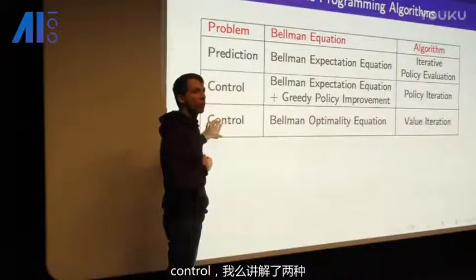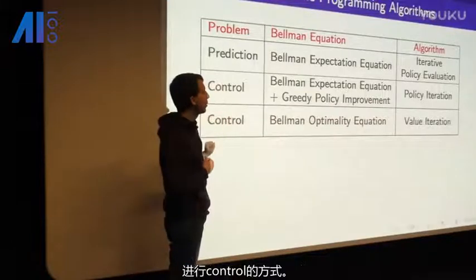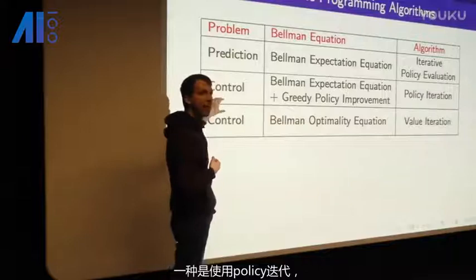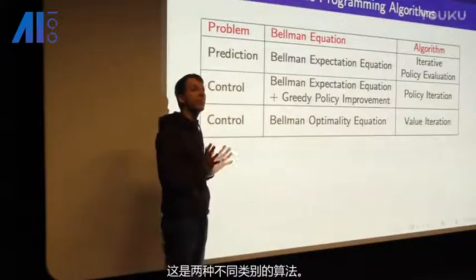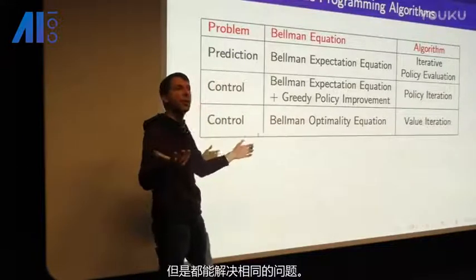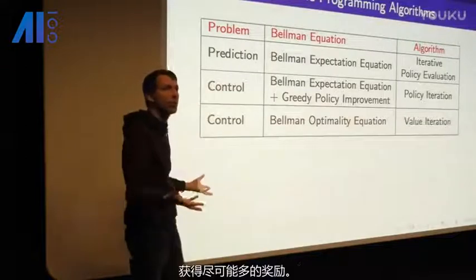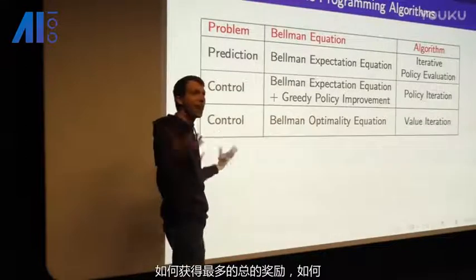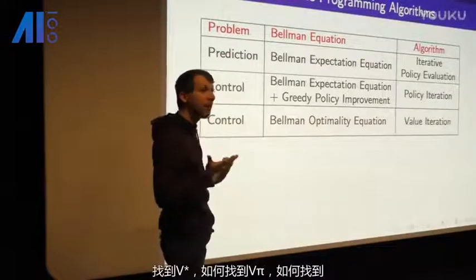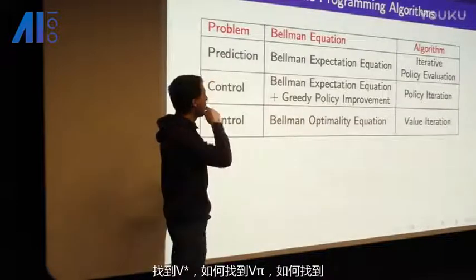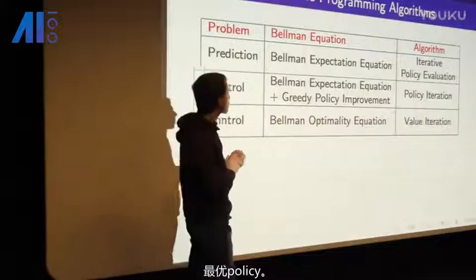Then we consider control. We consider two different ways to do control: first, policy iteration, and secondly, value iteration. These are two different families of algorithms that both address the same problem type, which is how to get the most possible juice out of your MDP, how to maximize the total reward, how to find V star rather than V pi, and hence the optimal policy.